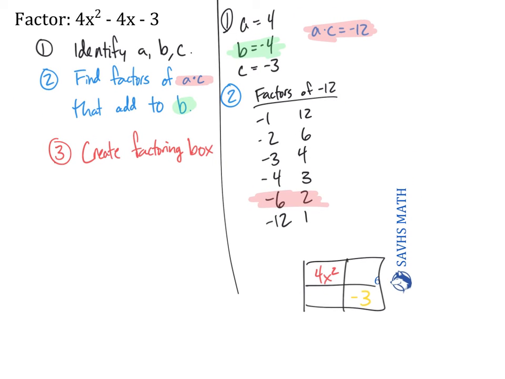And then I'm going to use the terms that I got from here for the other two terms. So I'm going to write negative 6x and 2x. Notice everything in the box adds to this, so they're equal.